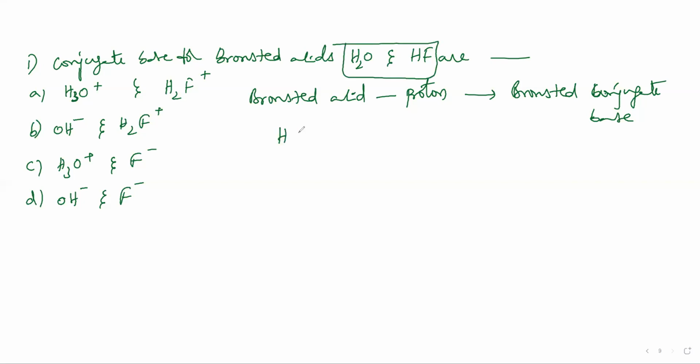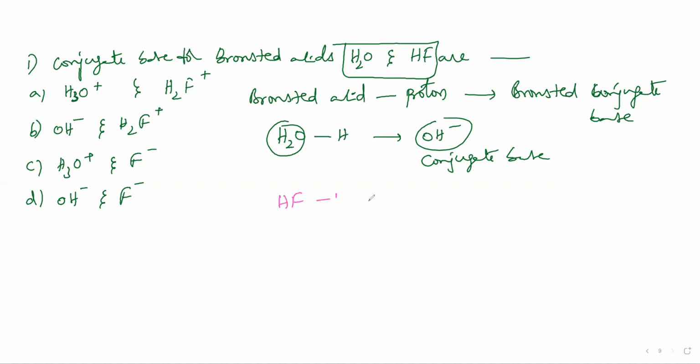The Bronsted acid is H2O. Remove one proton from this, then what will you get? H plus is gone, OH minus. So for H2O, the conjugate base is OH minus. Next case, HF.